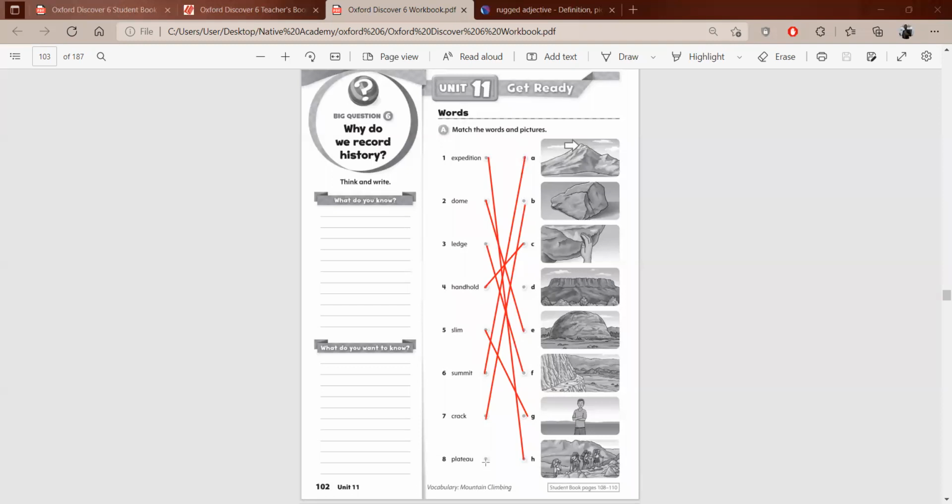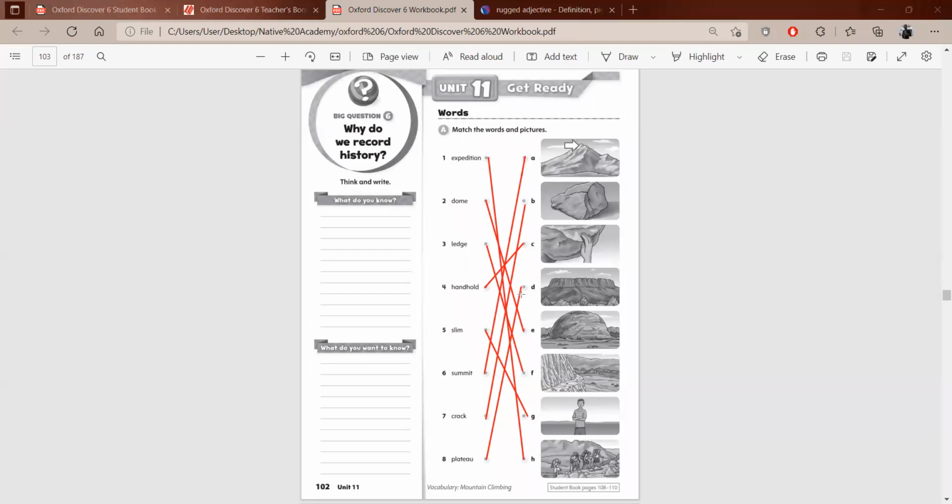Plateau is with D. Okay, and what is the plateau? Something like a hill, very close to a hill. What is the difference, Luay, between it and the hill? The plateau and the hill.